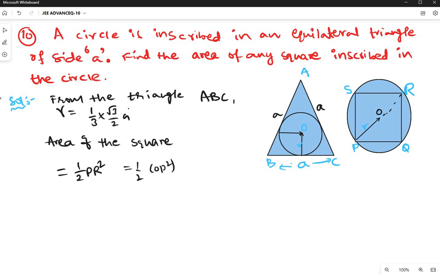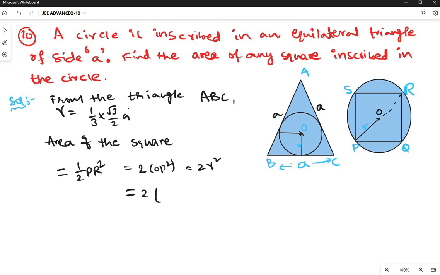So 2 times OP square is nothing but 2 times R square, because this PR length is equal to OP plus OR. So 2R square, 2 times the R value, is equal to how much?